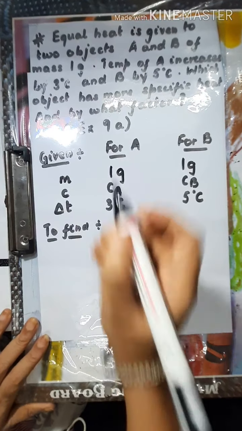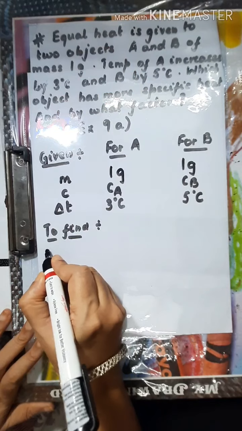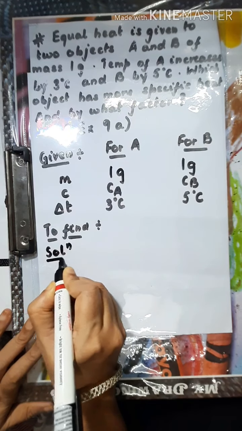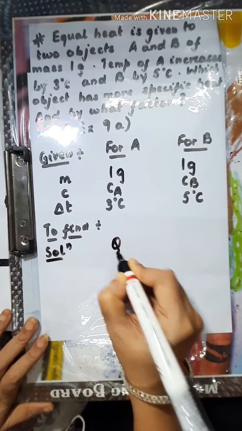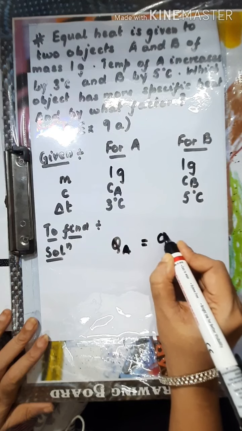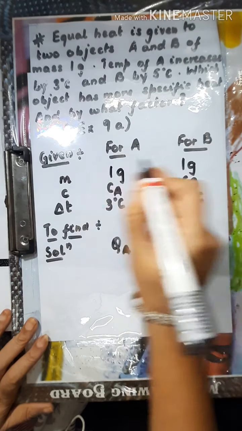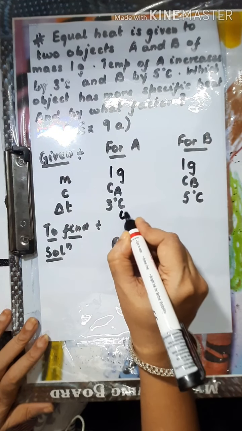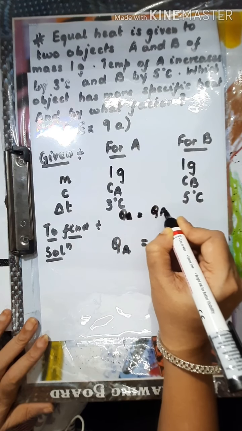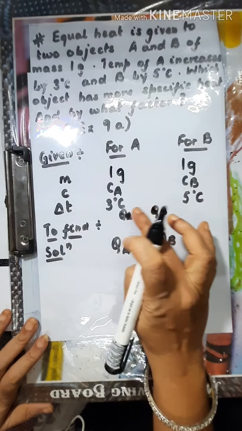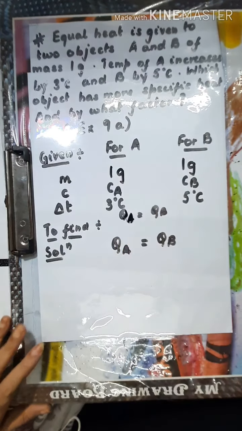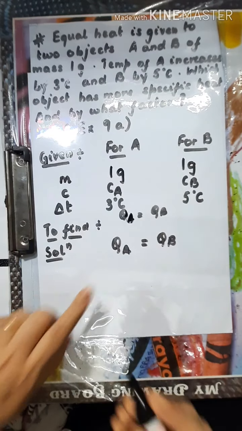Now equal heat is given to the two objects, so I can confidently say that Q of A is equal to Q of B. It is given to me that QA is equal to QB because I am supplying equal heat, correct? Now what is Q?